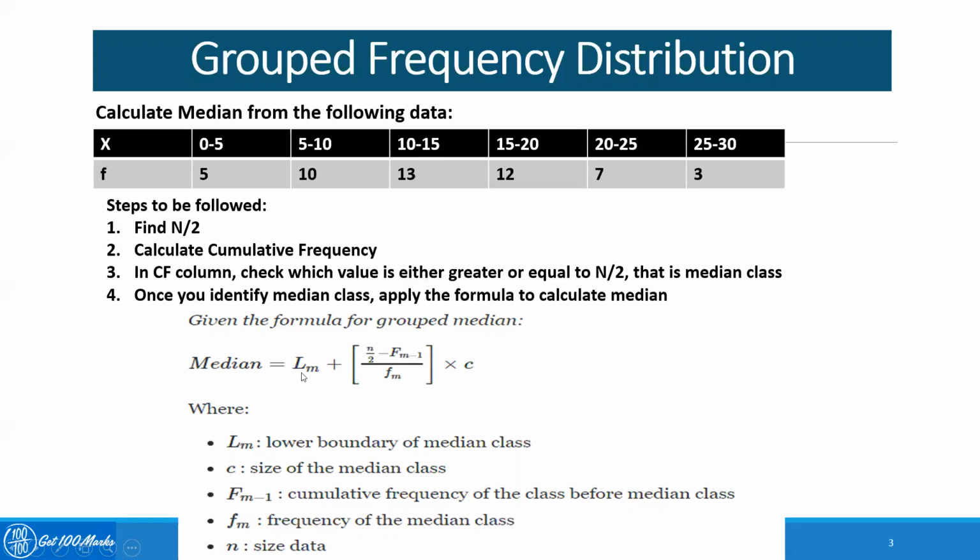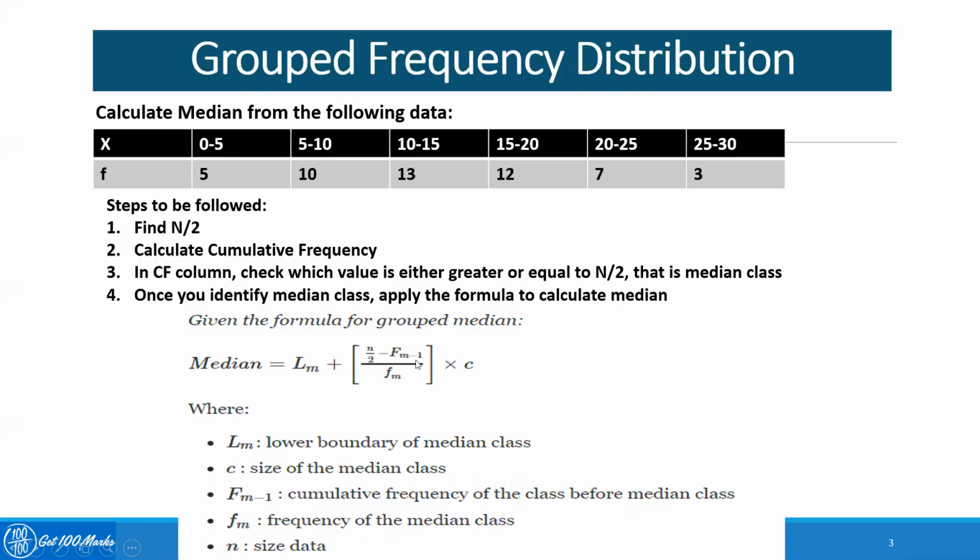Median is equal to LM. What do you mean by LM? LM is the lower boundary of the median class or lower limit of the median class. N by 2, which is nothing but the total number of observations divided by 2, minus FM minus 1.